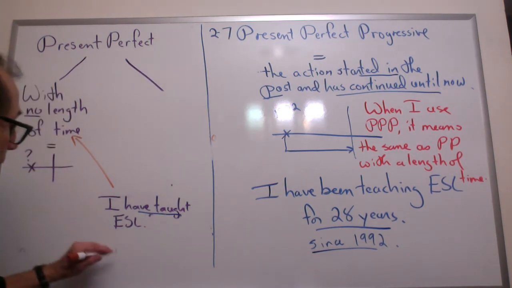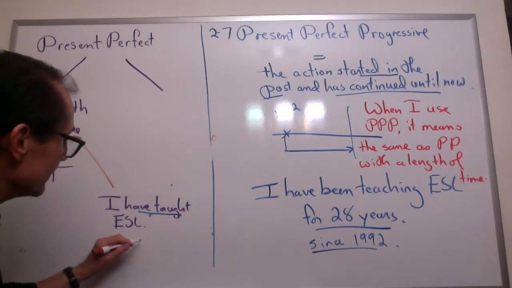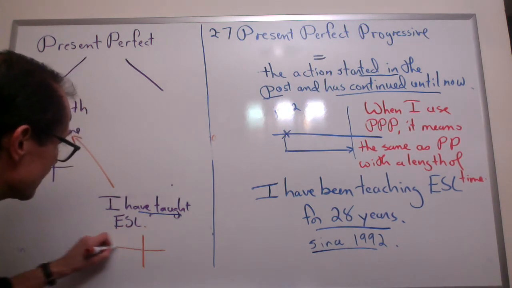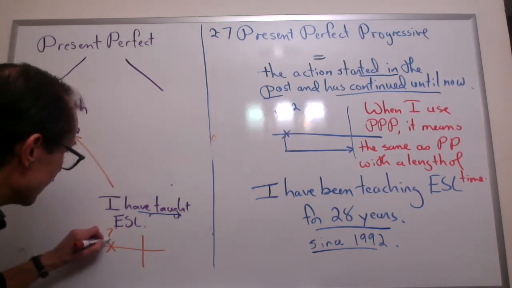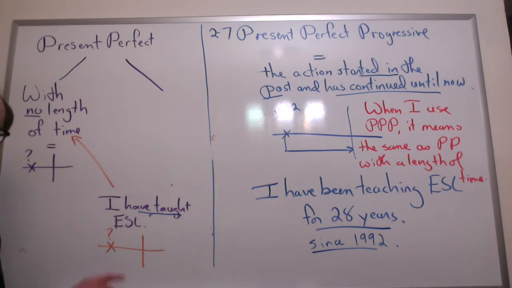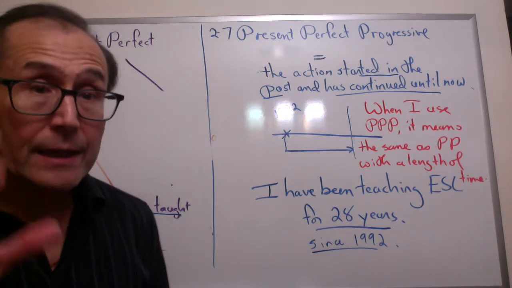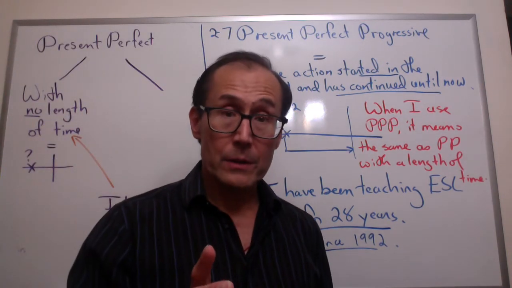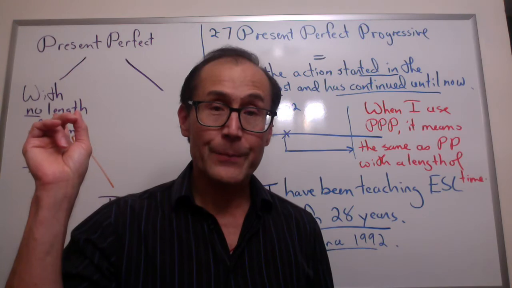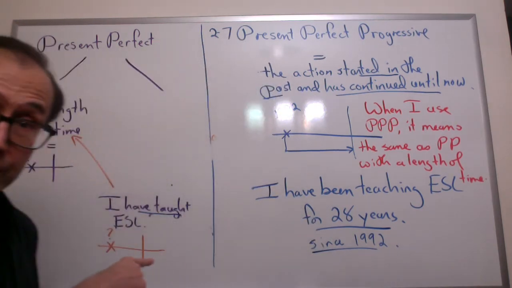If I say I have taught ESL, it means sometime in my life, between the time I was born and now, I taught ESL, but it doesn't continue until now. So it happened in the past, but the time is not clear. So if I take away the length of time on present perfect, then the meaning changes.